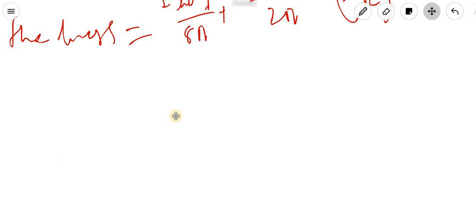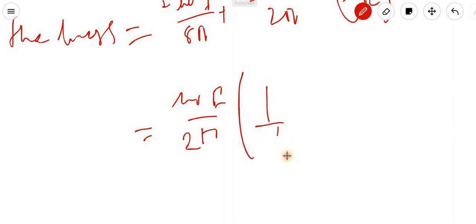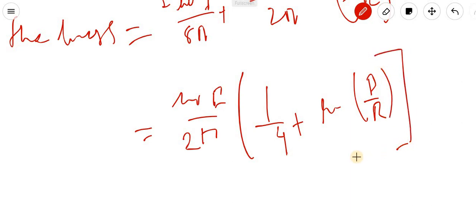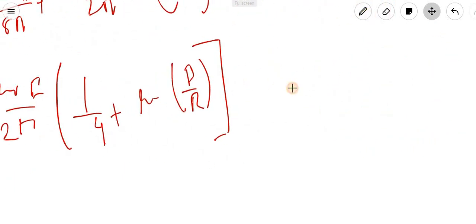If we take mu naught I by 2 pi common, we get 1 by 4 plus ln D by r. This flux linkage is for one conductor.